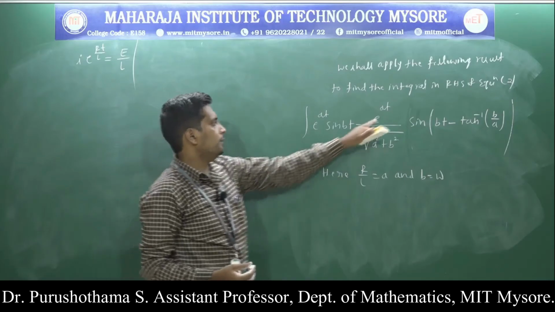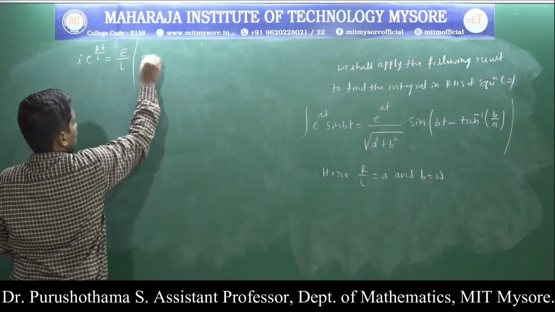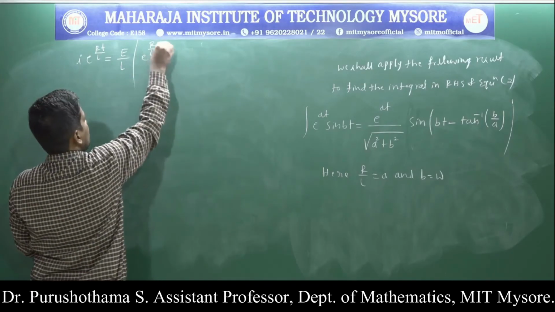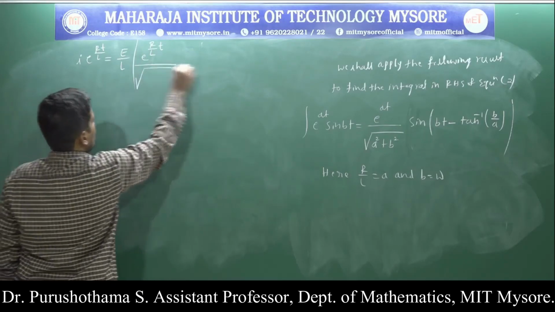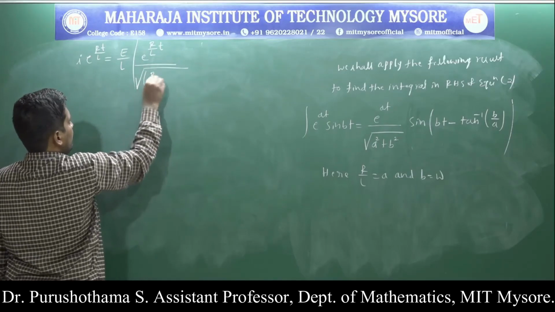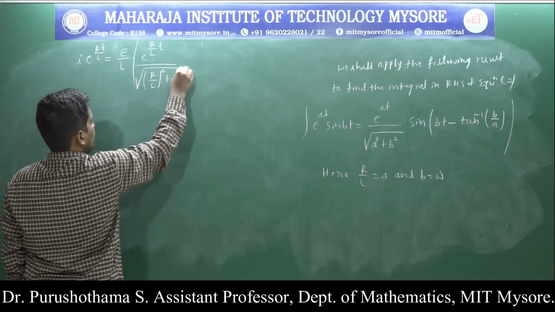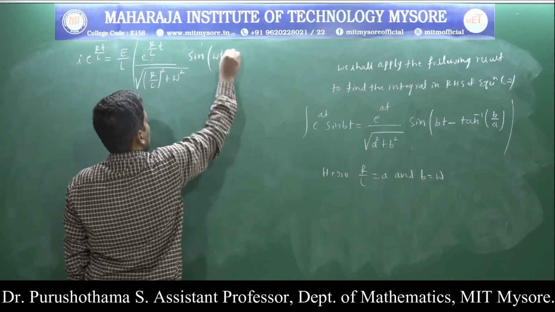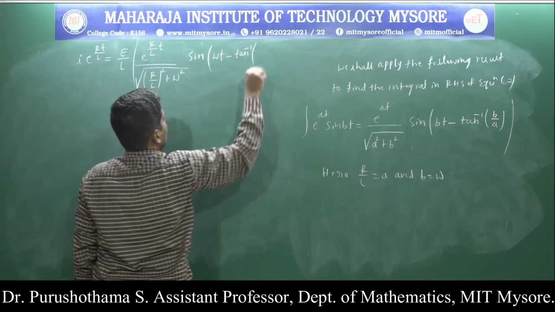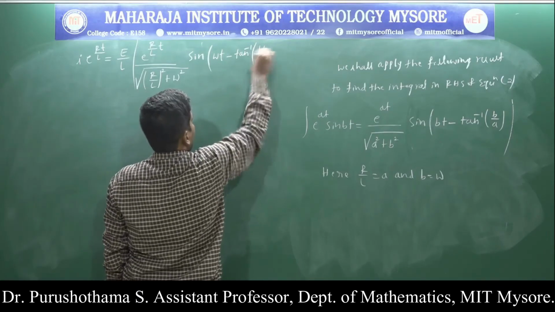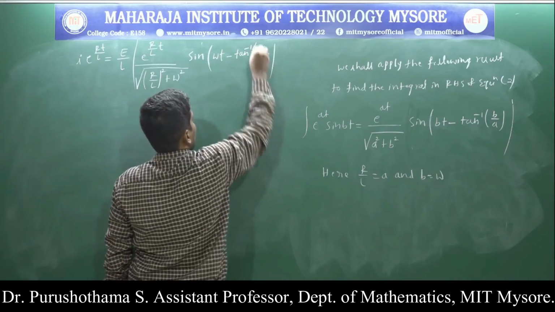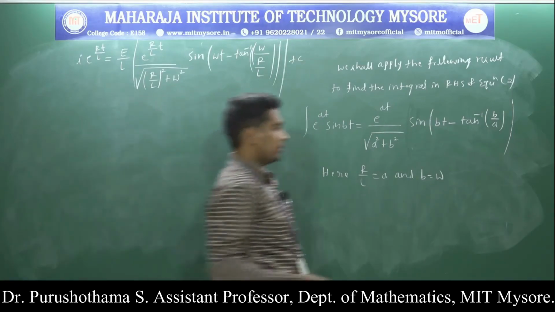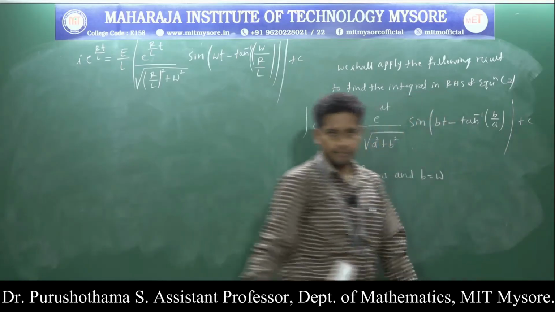The remaining thing is e power at, that is e power R by L into t, divided by square root of (R by L) whole square plus omega square, into sin of omega t minus tan inverse of omega divided by R by L, plus C. C is an integral constant.